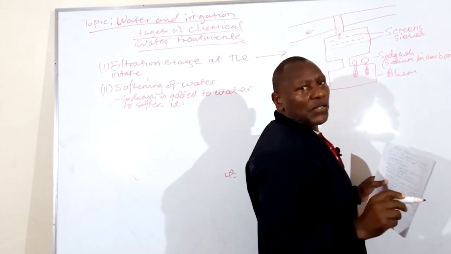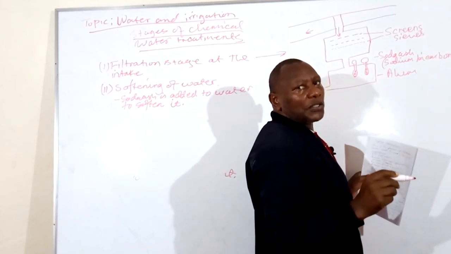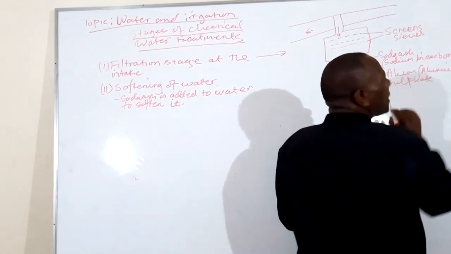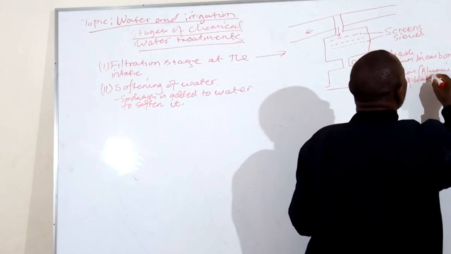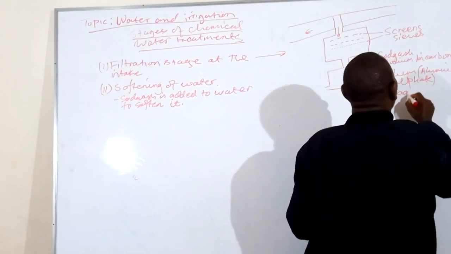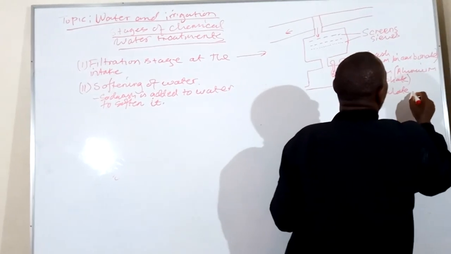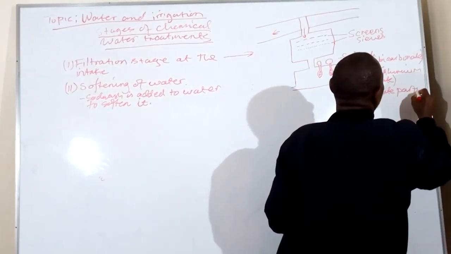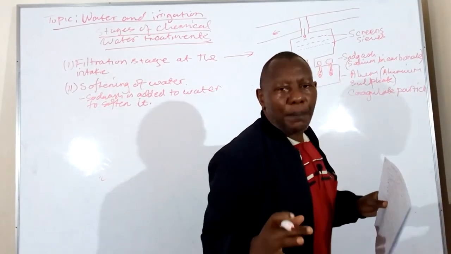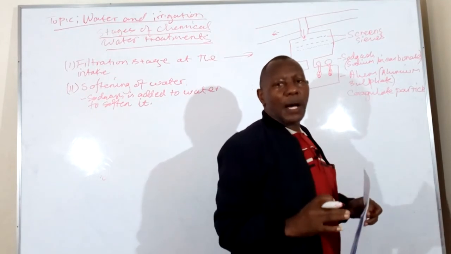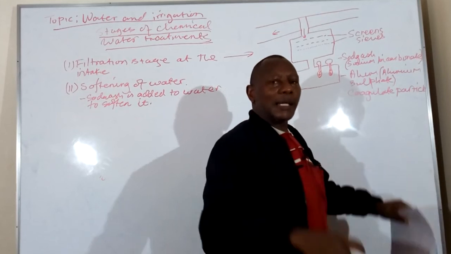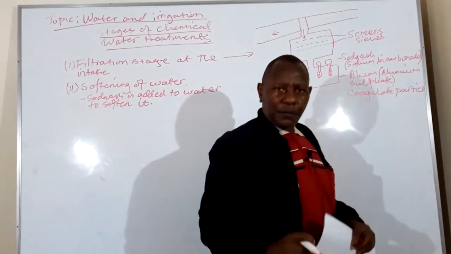Alum is also known as aluminium sulfate. Therefore, alum or aluminium sulfate is used to coagulate particles. To coagulate particles is to make tiny particles join together and become heavy, and when they become heavy, they settle at the bottom of the tank.